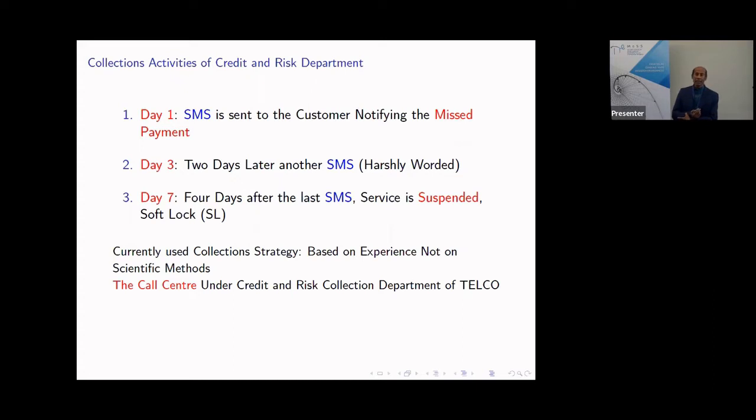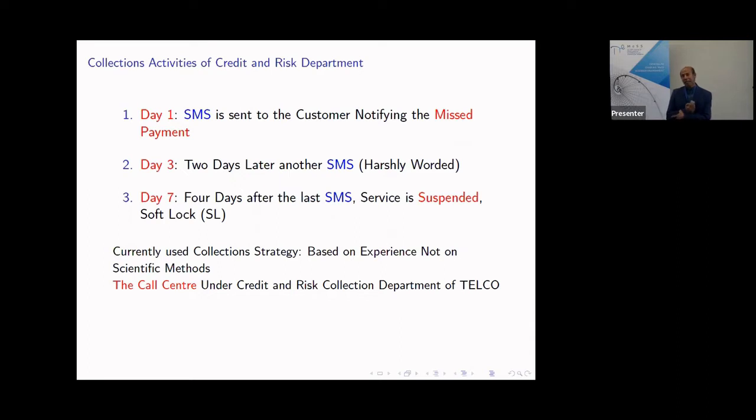Then 2 days later, some people will call back and make an arrangement, either the resubmission of the debit order or a negotiated payment date, and others will just ignore it. Then on day 3, 2 days later, they will send another SMS to the remaining people who have to pay, a little more harshly worded.